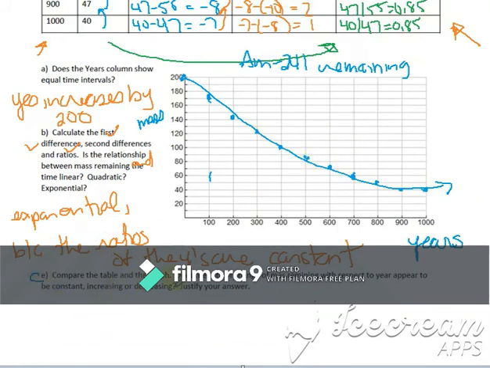C, compare the table and the graph. Does the rate of change of mass remaining with respect to the year appear to be constant, increasing, or decreasing? Definitely decreasing, because it's more gradual. So it's not constant, so it's not a line.